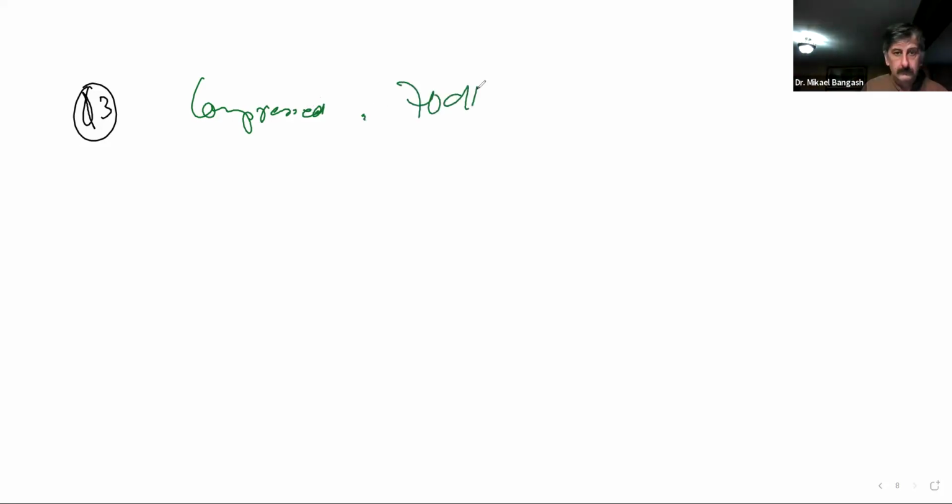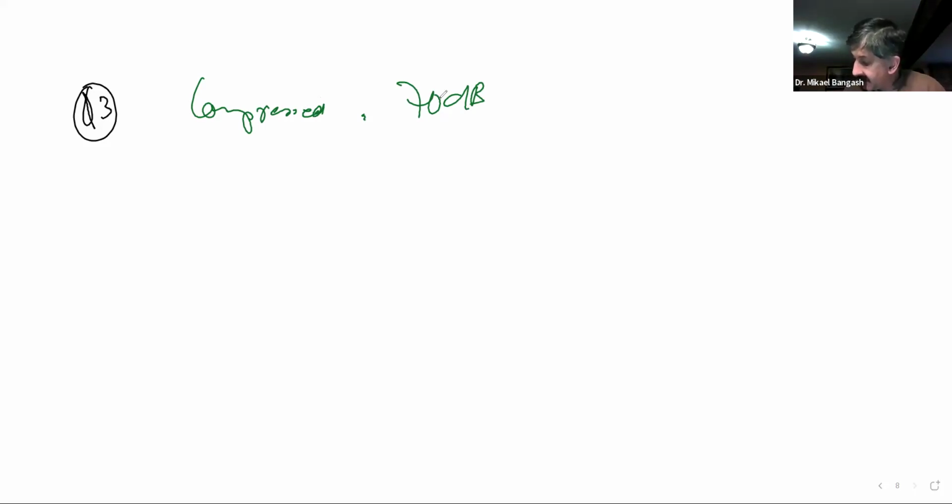Now, if we just look at question number 3. Here they go. After compression within the ultrasound system, the dynamic range is 70 decibels. So what do we have? This is the dynamic range of the compressed signal. So after the signal has been compressed, this is the dynamic range.